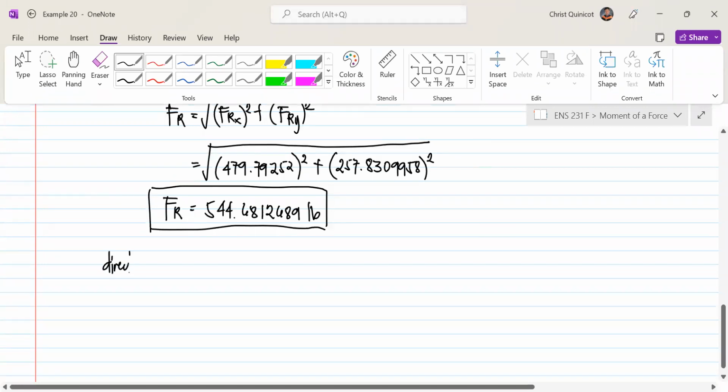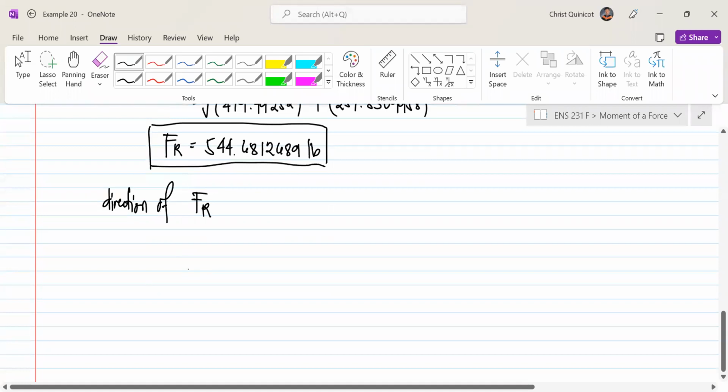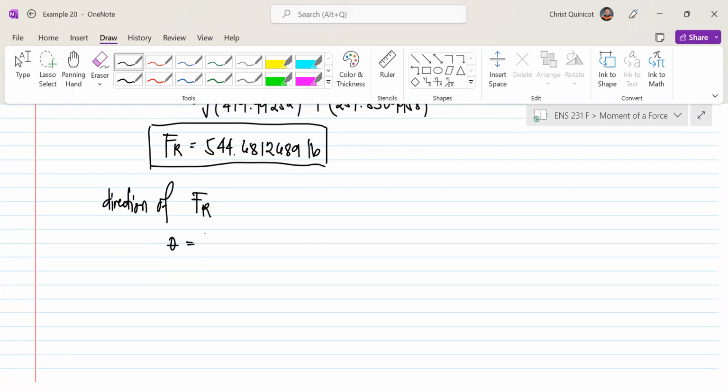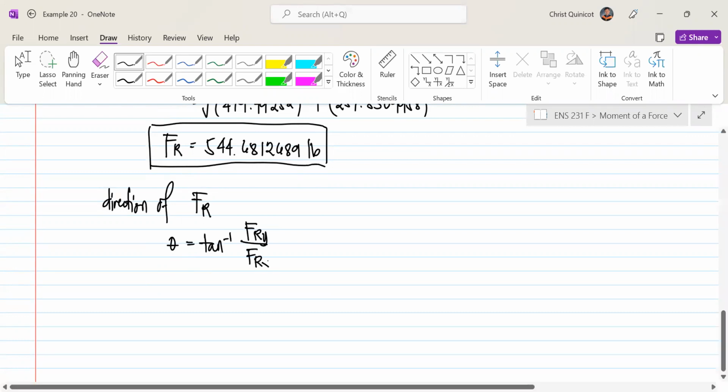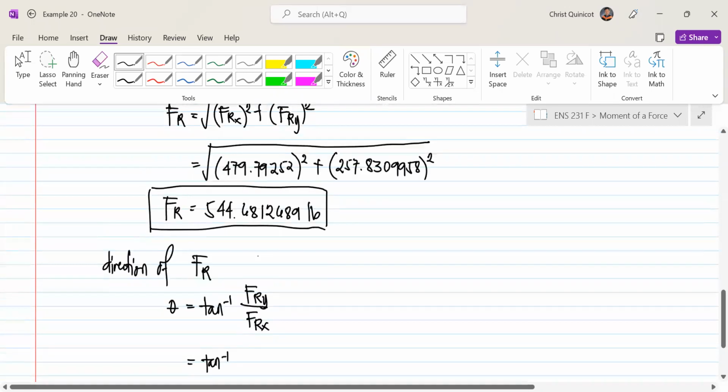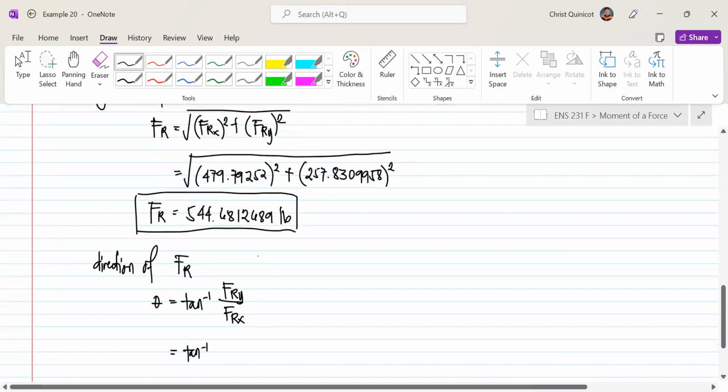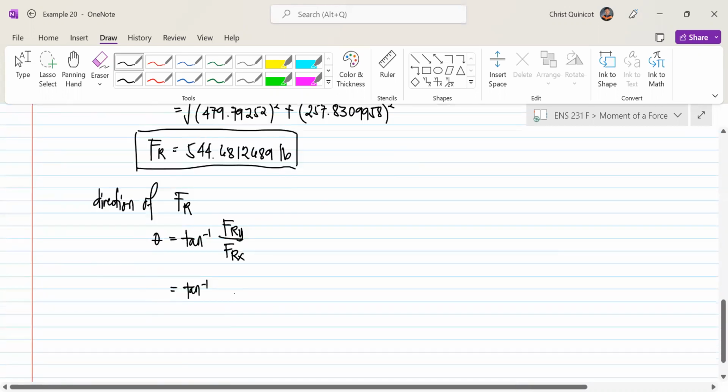Direction of F sub r. So theta is equal to inverse tangent of F sub r y over F sub r x, which is the inverse tangent of 257.8309958 divided by 479.79252. Let me zoom out a little.